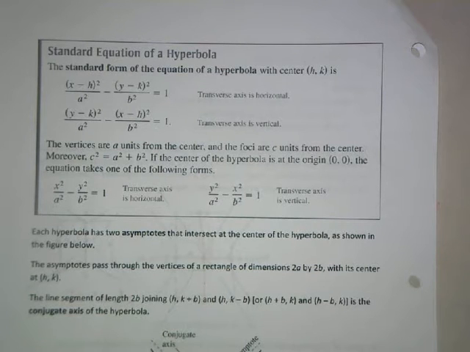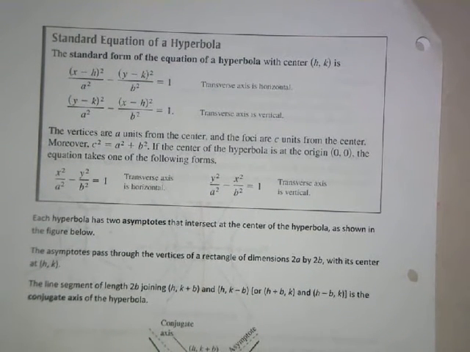What else do you notice that's different? They're subtracted from each other instead of adding to each other. So that's the only thing different, except we have those new terms, and we have c squared equals a squared plus b squared.